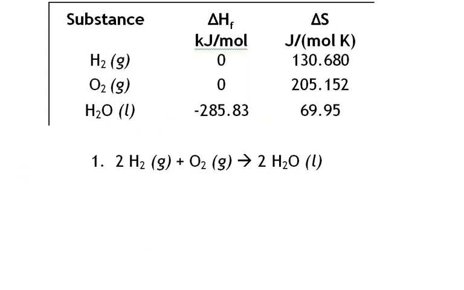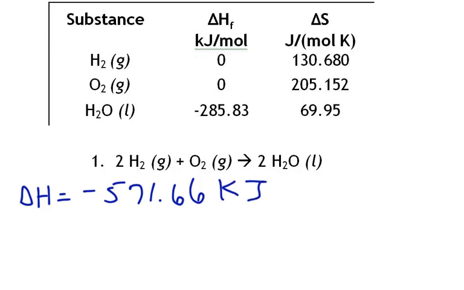Just writing these down again, delta H is minus 571.66 kilojoules. Delta S is minus 326 joules per mole Kelvin.